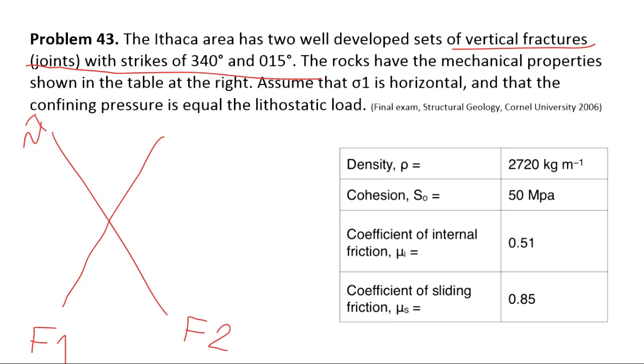So if this is north, this angle is 15 and this angle is 340, it's the azimuth. So you have two sets of fractures, and the question is asking, if the sigma 1 orientation is 130, which one of them is going to be activated.